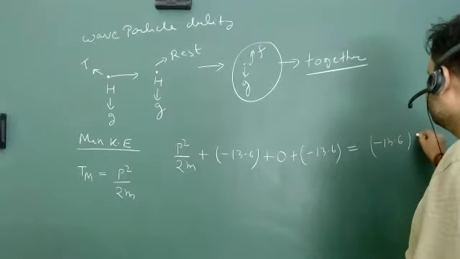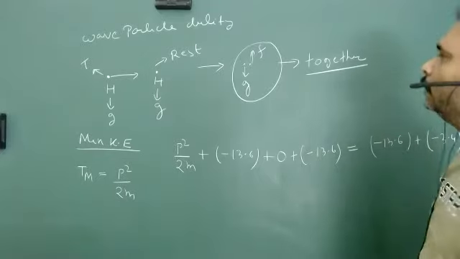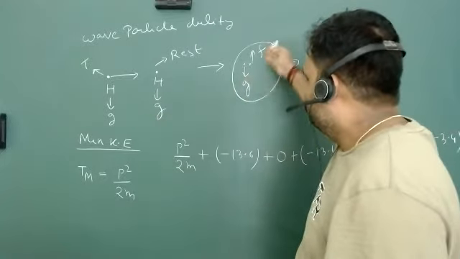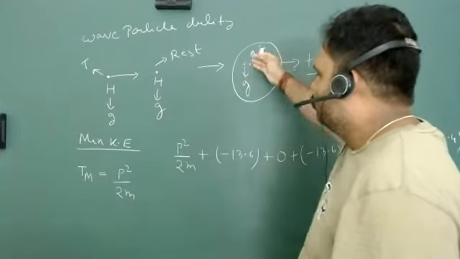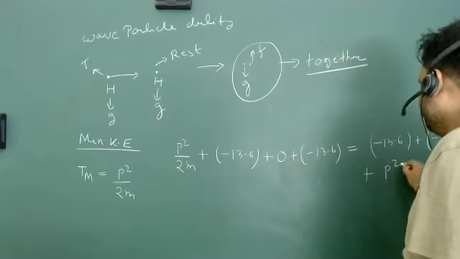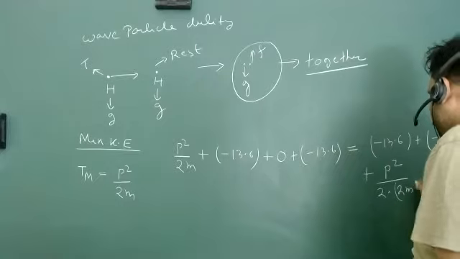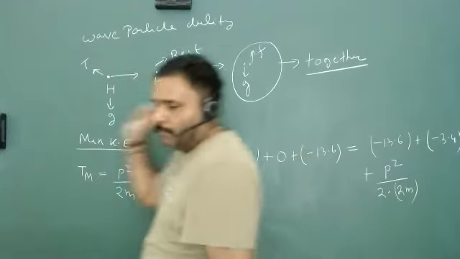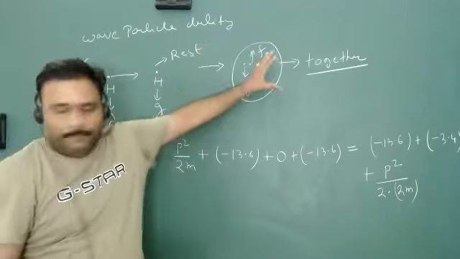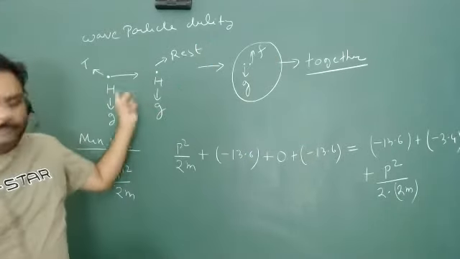The second one is minus 3.4. The initial momentum is equal to the final momentum of both particles. So you can write this kinetic energy as p square upon 2 into 2m, because the momentum will be the same. Whatever the momentum here, that will be the same here. But the kinetic energy is going to be different because there is conservation of momentum.